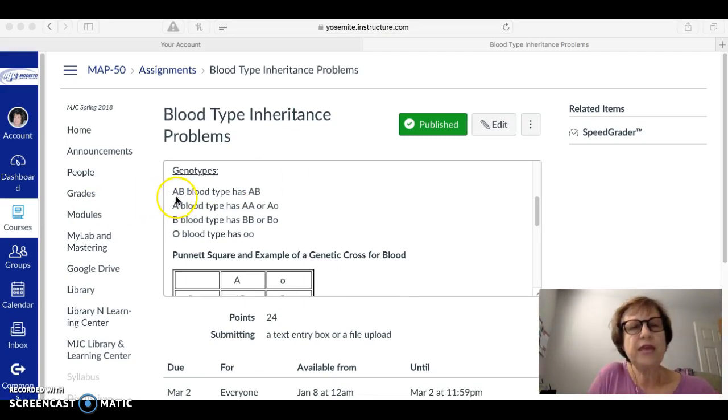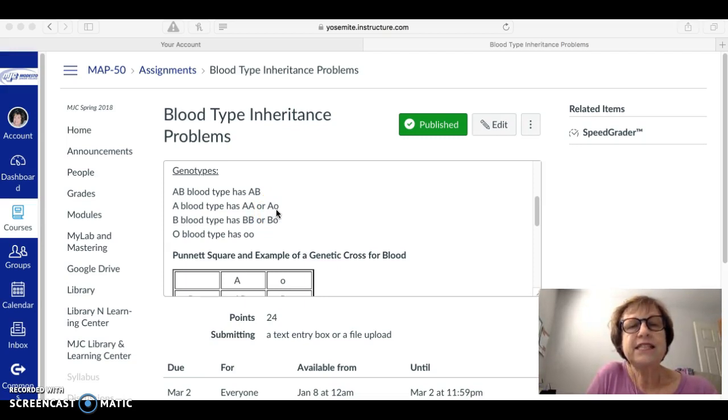If you have type AB blood, you have an A gene and a B gene. And this is codominance because neither A nor B dominates over the other, so that you get a combination in the blood type. Type A blood, you can have either two A genes or an A and an O.